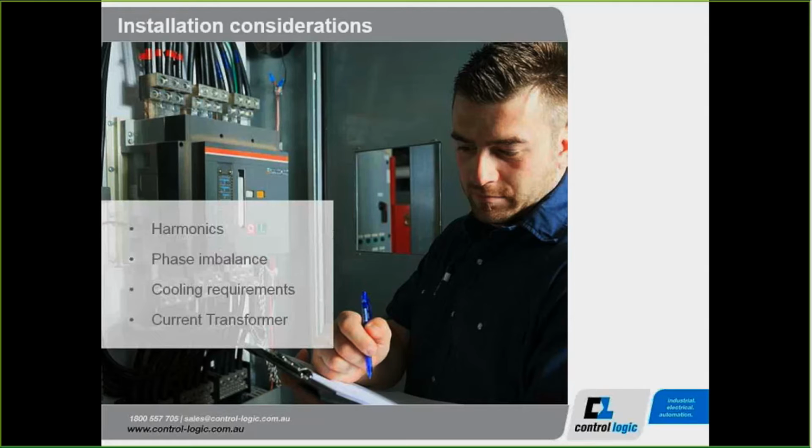Well, basically, you get currents flowing at different frequencies. These can actually flow into the capacitors on the power factor correction unit, and over a period of time, they'll actually cause the capacitors to degrade, and you won't get the expected lifetime out of the capacitors in your power factor correction unit.